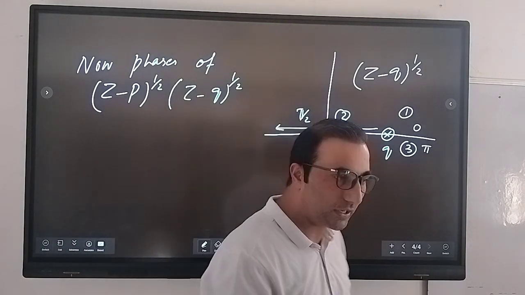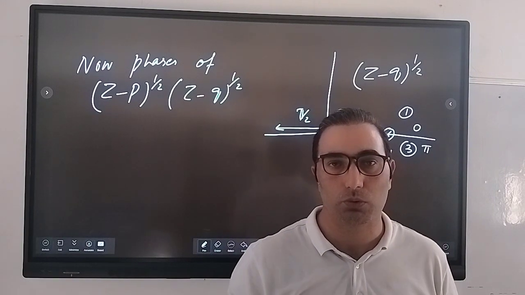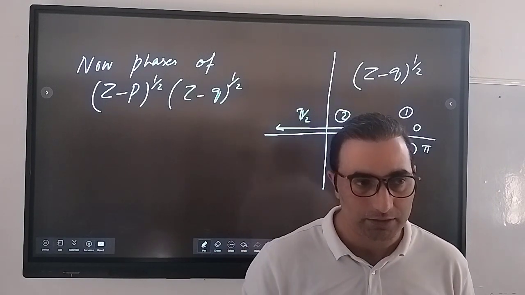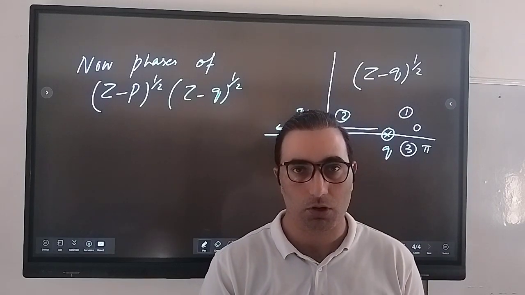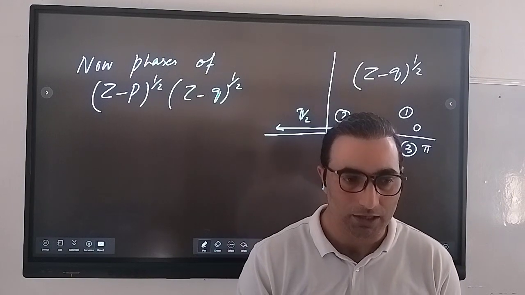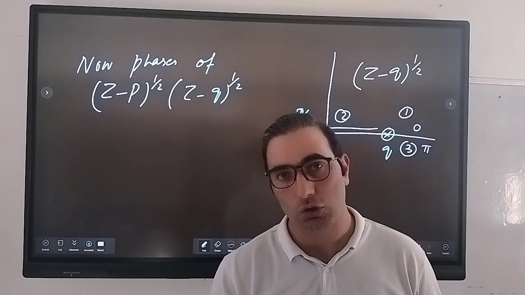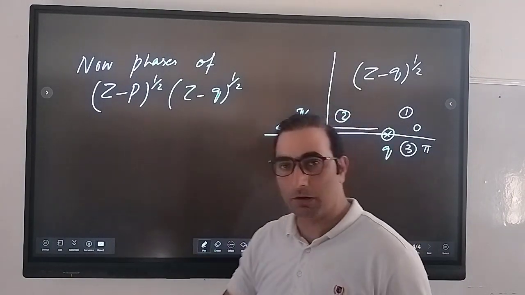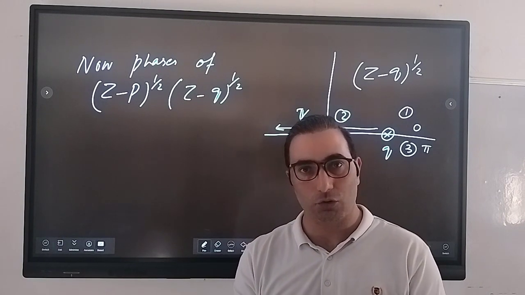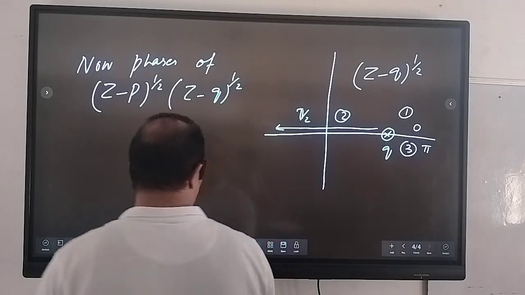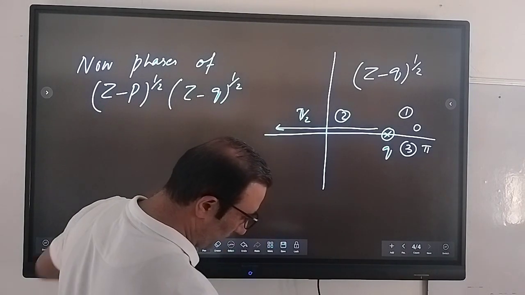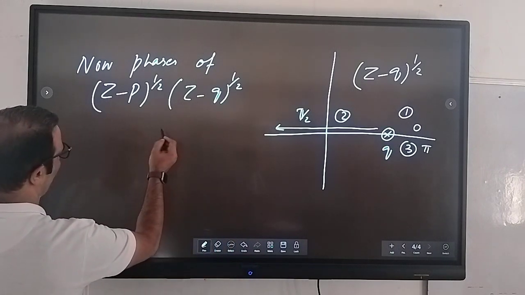Because we have the product of the two functions, we write down the phases for the individual functions, first z minus p raised to the power 1 by 2 and z minus q raised to the power 1 by 2. Because we have the product of these functions, you need to add the phases. If you have the phases for first and second, you need to add them up, right? So the total phase will be the addition of these two, right? Because now our function is this one.